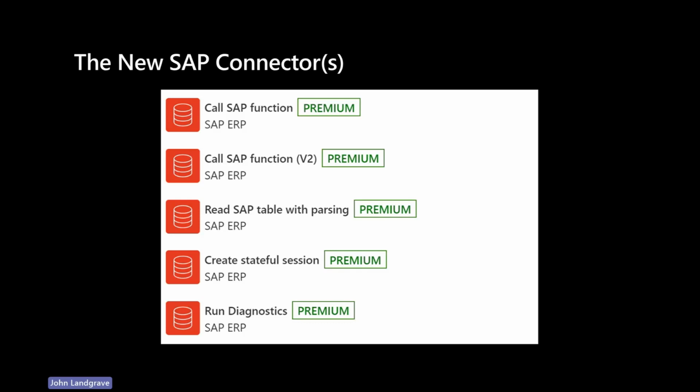So when you're going in to build your applications, it's important that if you're integrating with an SAP API, what they call a BAPI or business API or an RFC, you're going to make that call using this call SAP function V2 connector.